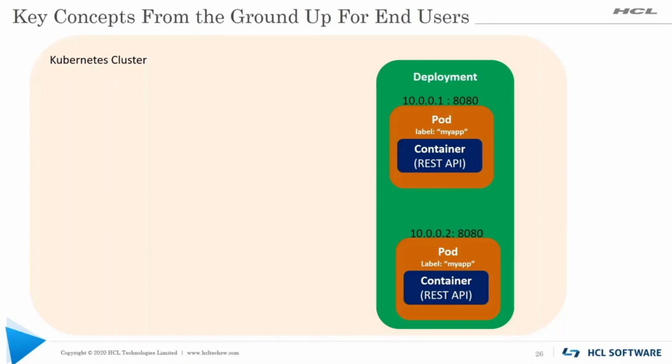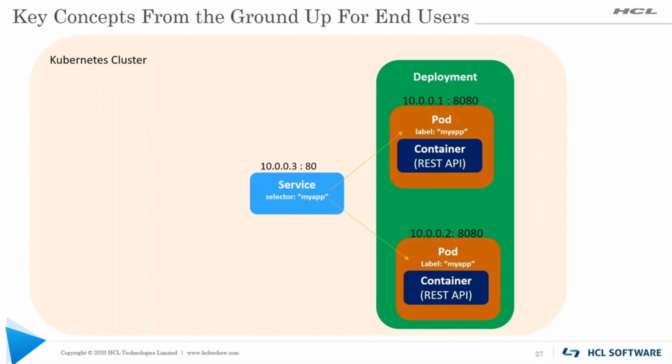There's going to be a new one because that pod was killed and restarted. So that's just chaos for someone trying to call this REST API. So Kubernetes comes along with yet another abstraction called a service. A service is the persistent endpoint, IP address and port, that exposes the functions in pods.